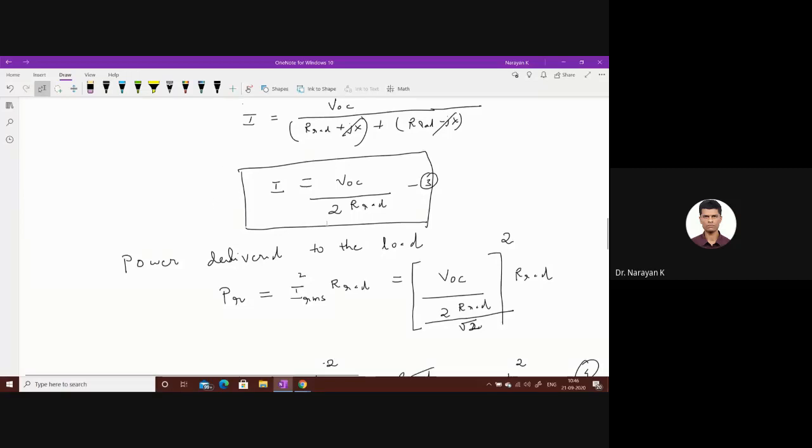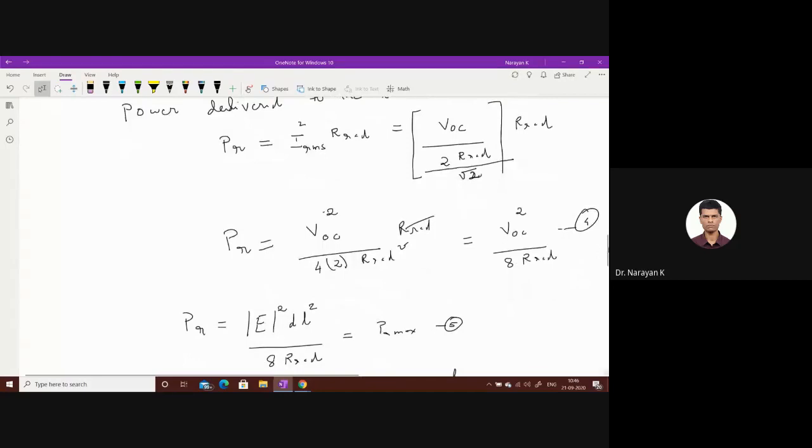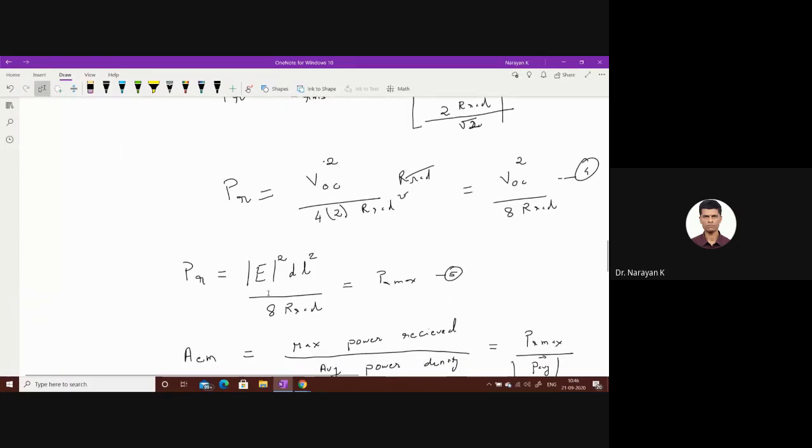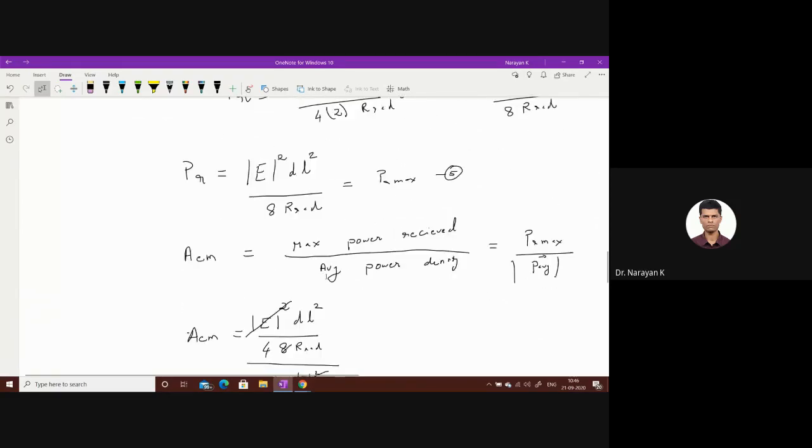Your I RMS will be I divided by root 2, this is equation 3 divided by root 2. Substituting, the power received is V square divided by 8 times radiation resistance. V square is nothing but E square dl square, so E square dl square divided by 8 radiation resistance.